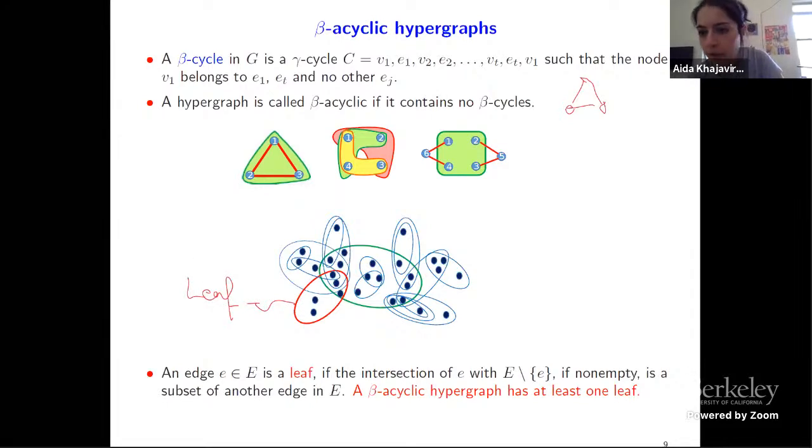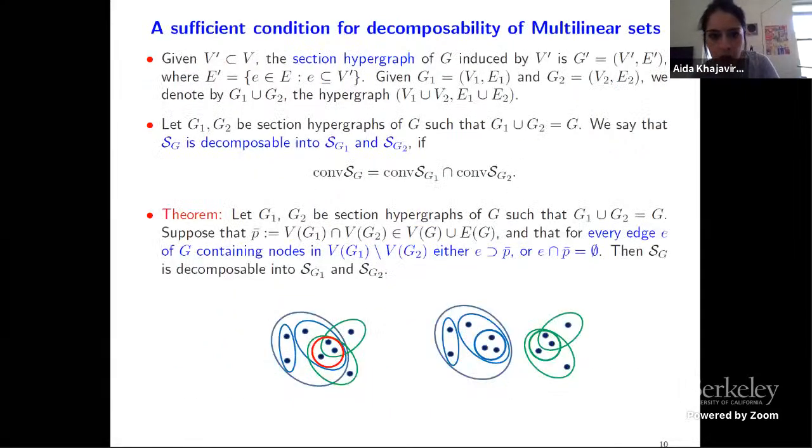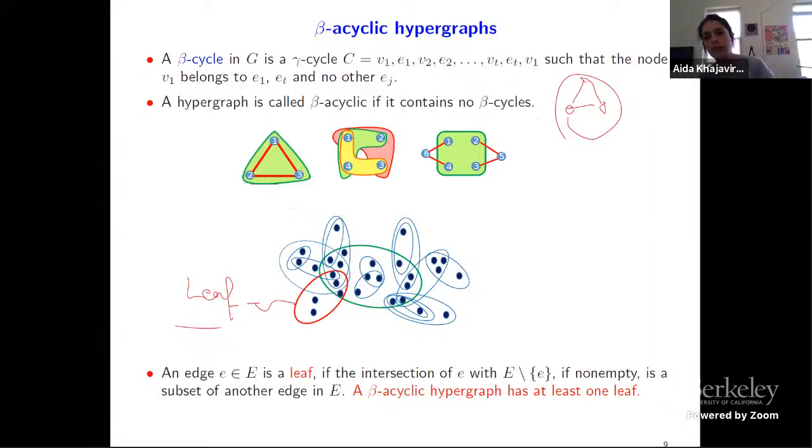So a beta acyclic hypergraph always has at least one leaf. For example, if I look at the triangle, that's not the case, right? If I look at any edge, its intersection with the rest of the graph is not a subset of a single edge. Again, that is the property that I'm going to use later on. Okay, so this was what I wanted to say about hypergraph acyclicity. These are the things that I'm going to use later. Are there any questions?